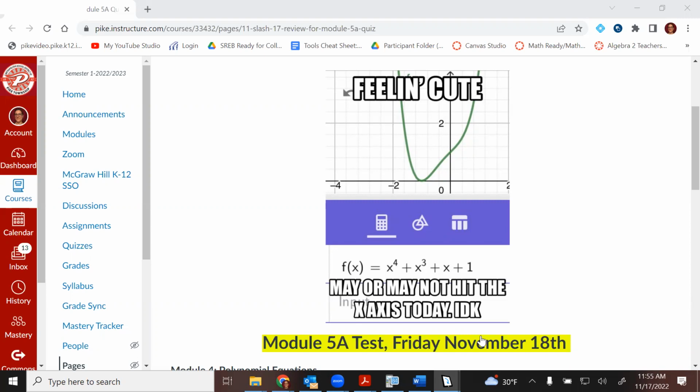Now, what's the last thing I need to do? Times this negative 1x to everybody. What is negative 1x times x to the fourth? Negative x to the fifth. Oh, yeah. That's okay.